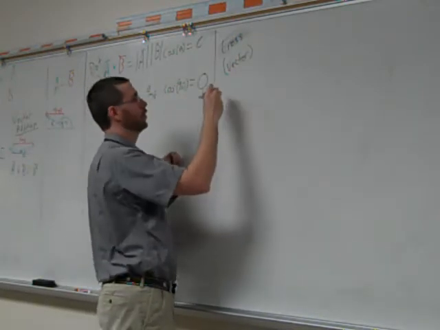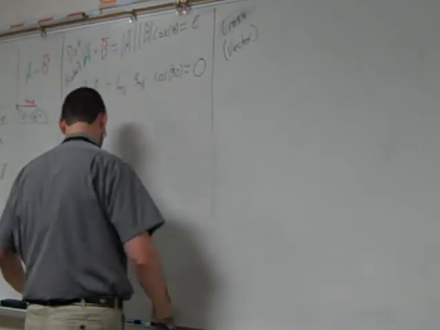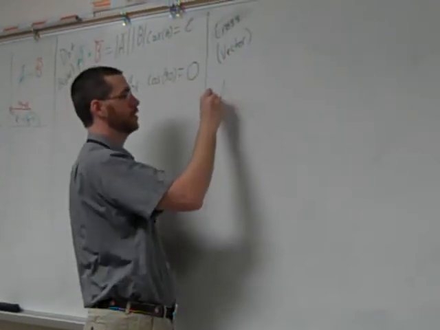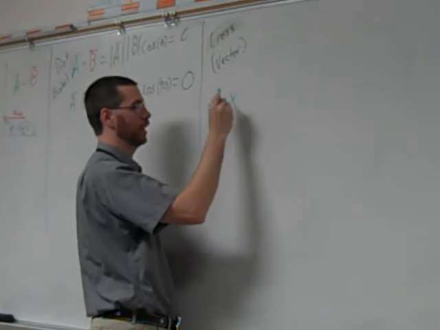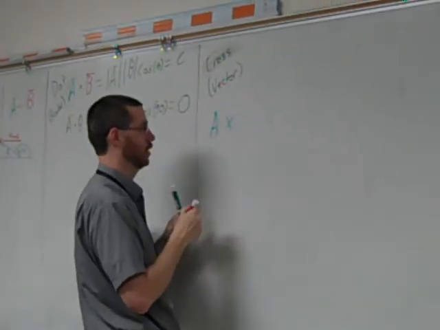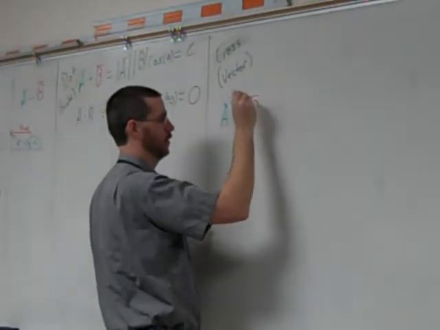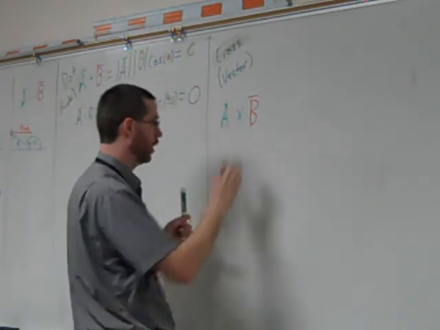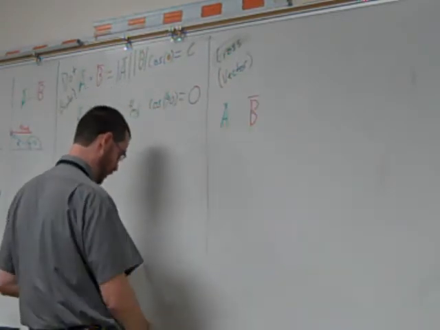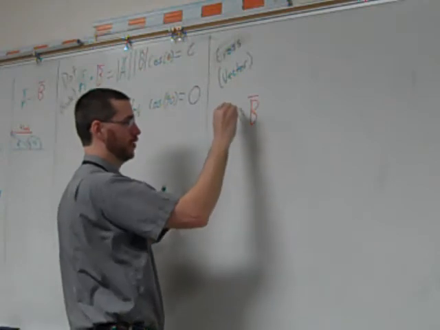So when you're doing the cross product, I can use vector A, and I'm multiplying it and crossing it with vector B. Do y'all see why it's called a cross product? It's got this big X in the middle.